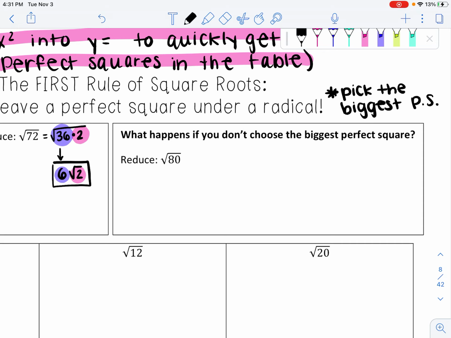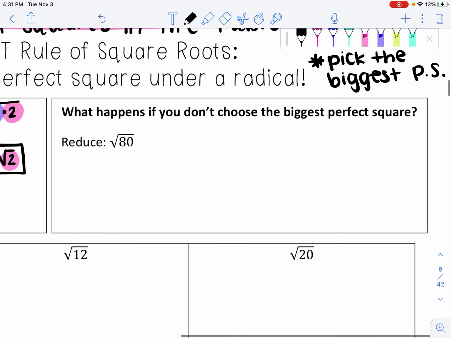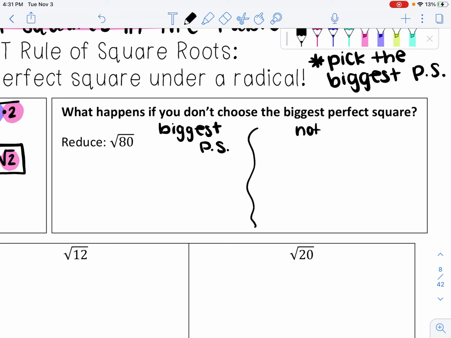You can still do it if you pick a perfect square that's smaller than the biggest one, but you're going to have to do a little bit more work. So I'm going to show you 2 ways that we can reduce the square root of 80. On the left here, we're going to do the biggest perfect square. And then on the right, we're going to do the not biggest perfect square.